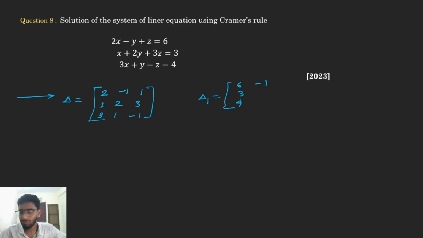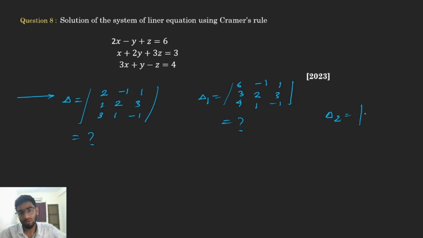Sorry, again I have written the matrix symbol. It will be the determinant symbol. Okay. So minus 1, 2, 1, 1, 3 minus 1. Okay, from that you calculate that value. You should calculate that value also.